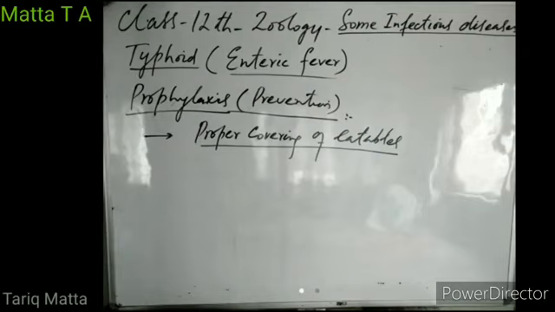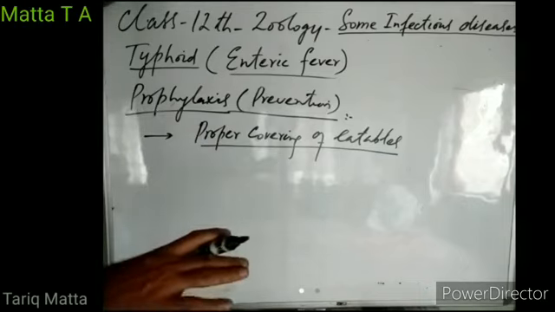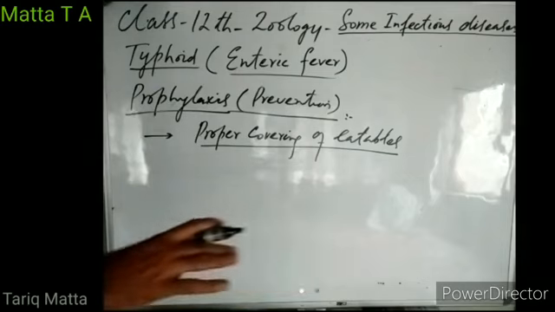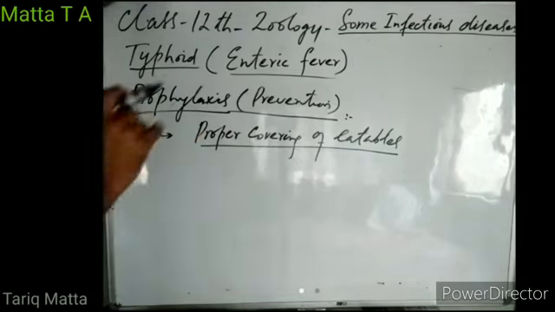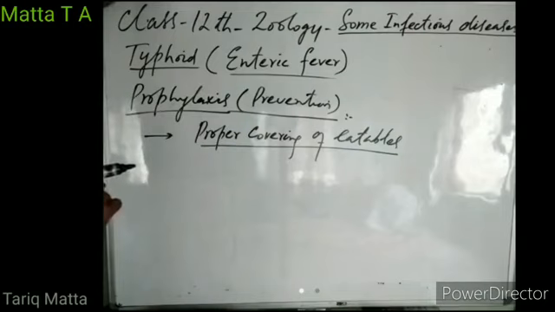The flies and the cockroaches pass over the stools, sit on the stools, and may contact the bacterium. And if these flies and cockroaches sit on our food items, walk over the food items, they may transfer the bacterium from those stools to our eatables, and we may get infected.